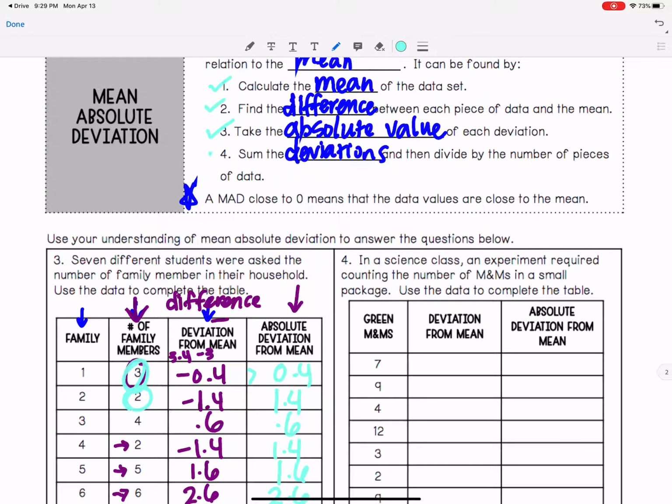Now step number 4 is sum the deviations and then divide by the number of pieces of data. That basically means find the mean again, because sum means to add. So let's add up all of those deviations, or all of those numbers that we just wrote in this column, and then divide by how many numbers? Well, there's 7 of them. Let's go ahead and scroll down and do that.